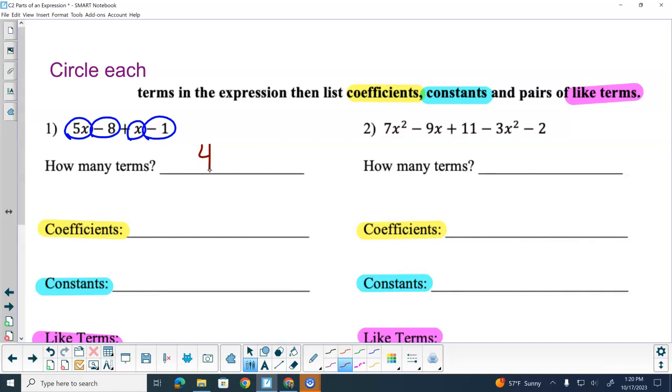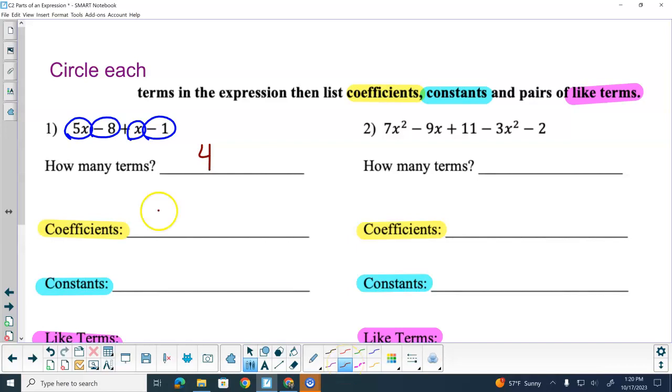Looking at all of the terms, which terms have coefficients? First, second, third, or fourth? Does the first term have a coefficient? Yes, what is it? 5. 5 is the coefficient.